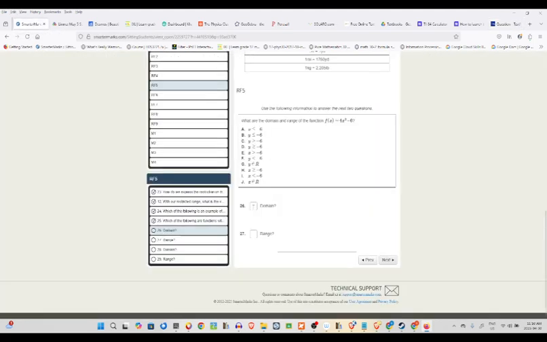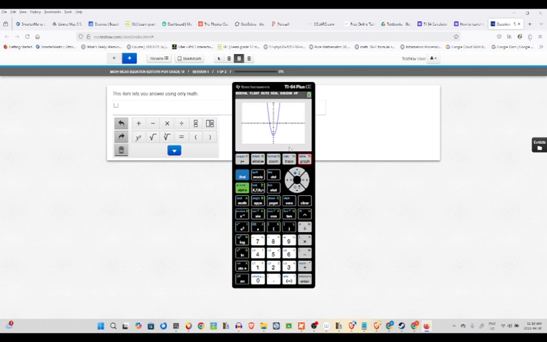For our domain, we can see it's going to be x as a member of the real numbers because we don't have division, we don't have square roots of negatives, we don't have logarithms. So there's nothing to produce the exceptions. The range is limited. And we could try to figure out what it is. There's two options. Seems to happen around x equals 0. If we look at our table of values here, that's a y of negative 6. If we look at our equation, when x equals 0, that does produce negative 6.